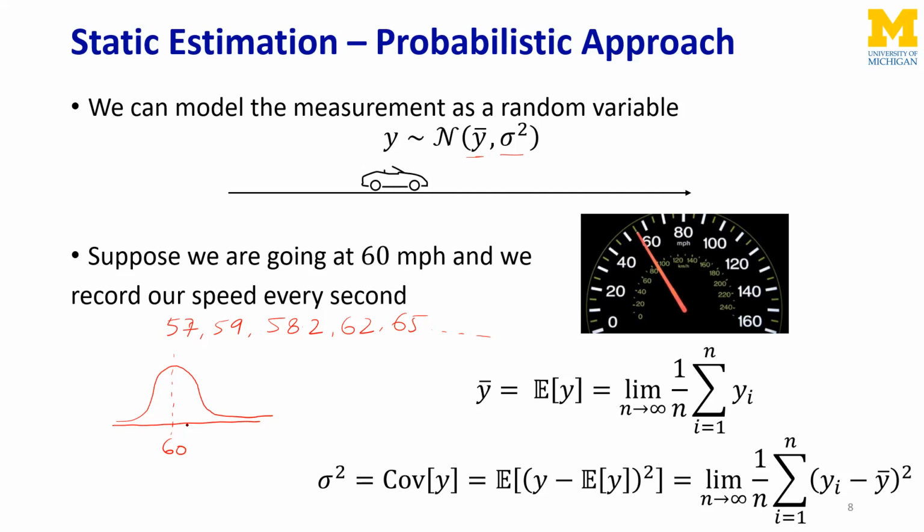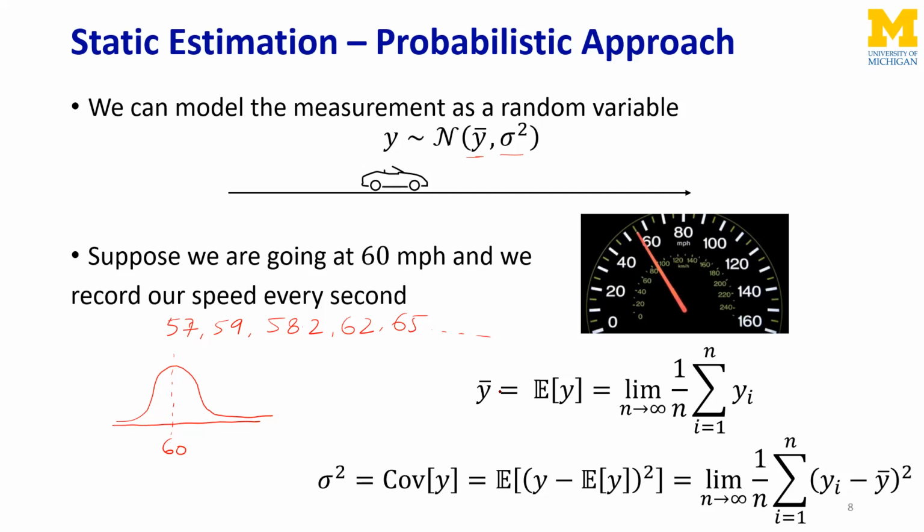Now, it's not like you can somehow just know that you're driving at 60 miles an hour. You can actually use your measured data to estimate what this mean looks like. And to do that, we use the Monte Carlo method.